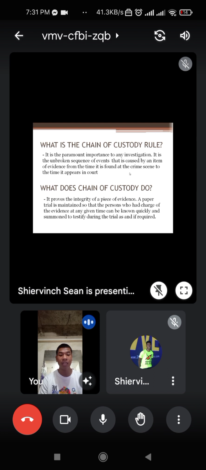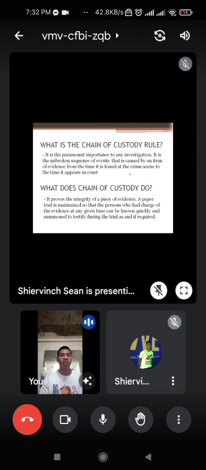If the chain of custody is broken, if the evidence cannot be accounted for in one step of its journey from the crime scene to the courtroom, it is rendered inadmissible or useless to the case. So in short, ang evidence, if dili siya matarong og pasa or cannot be handled properly, then it is inadmissible and useless to the case.